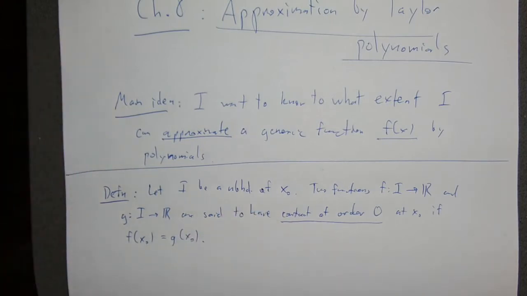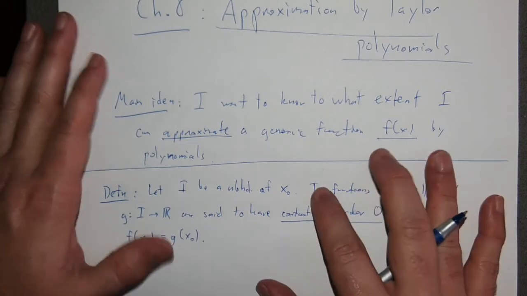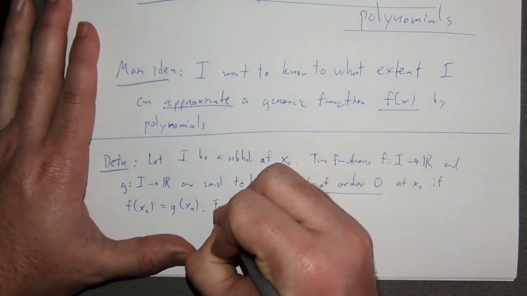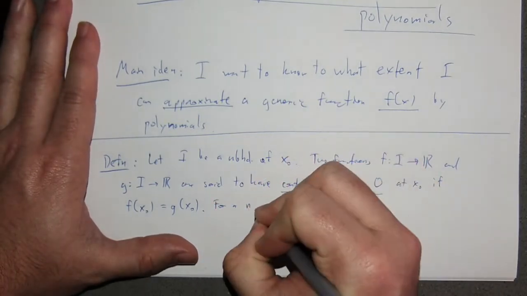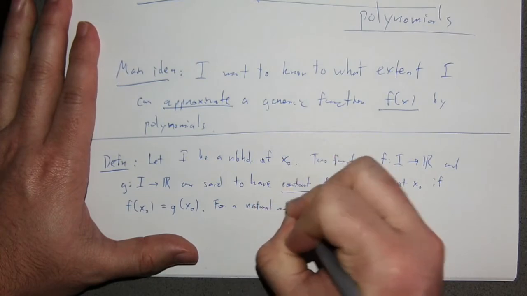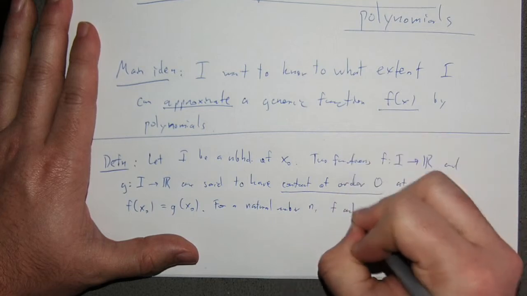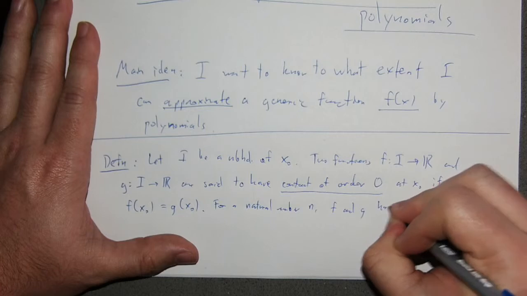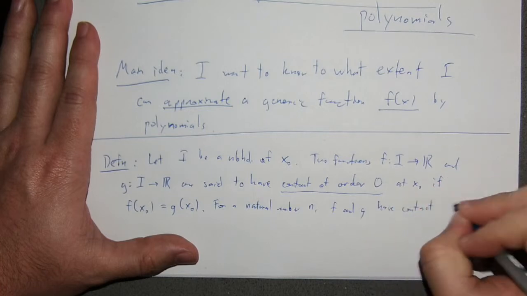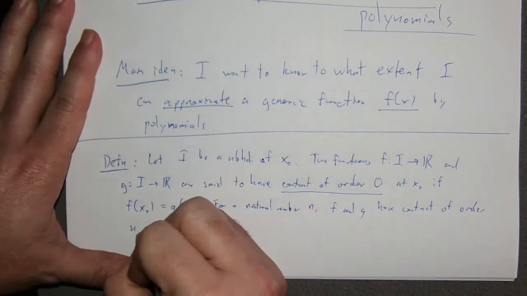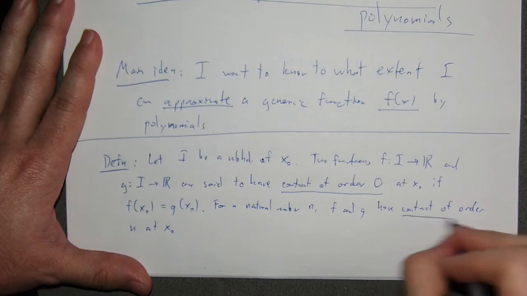The idea behind higher order contact is that not only do they agree at this point, but their derivatives up to some order also agree. So that's the notion here. For a natural number n, f and g have contact of order n at x naught. This is the thing we're defining.